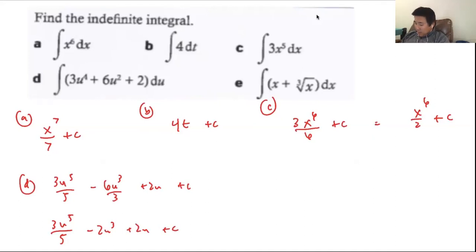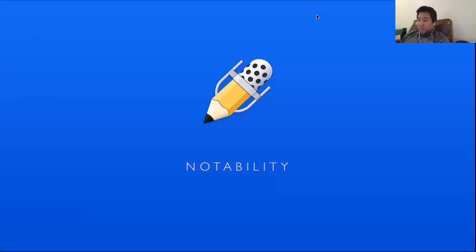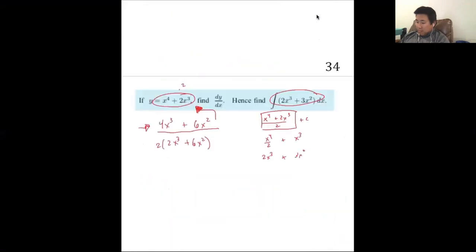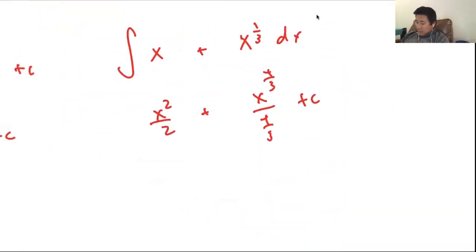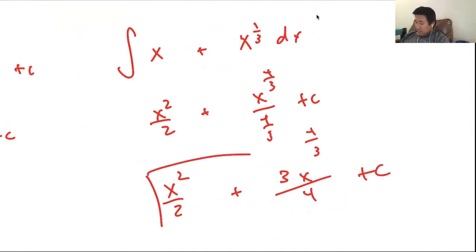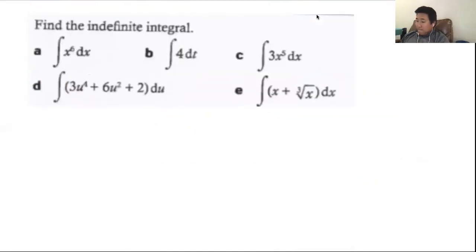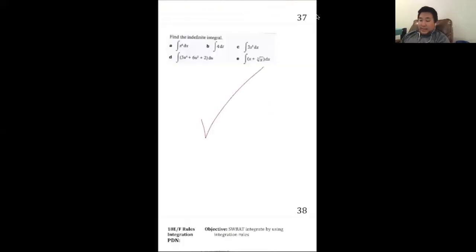This one here is x plus x to the 1/3 dx, so it's x squared over 2 plus x to the 4/3 over 4/3 plus c, which turns into x squared over 2 plus 3x to the 4/3 over 4 plus c. Done. And that's 18D.